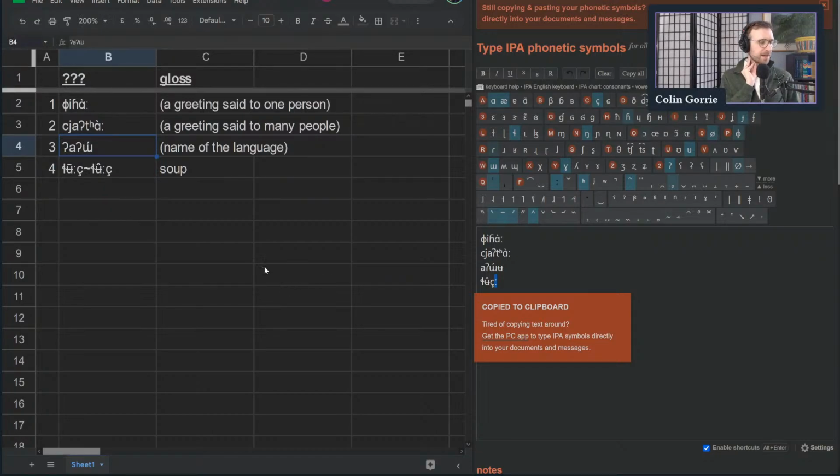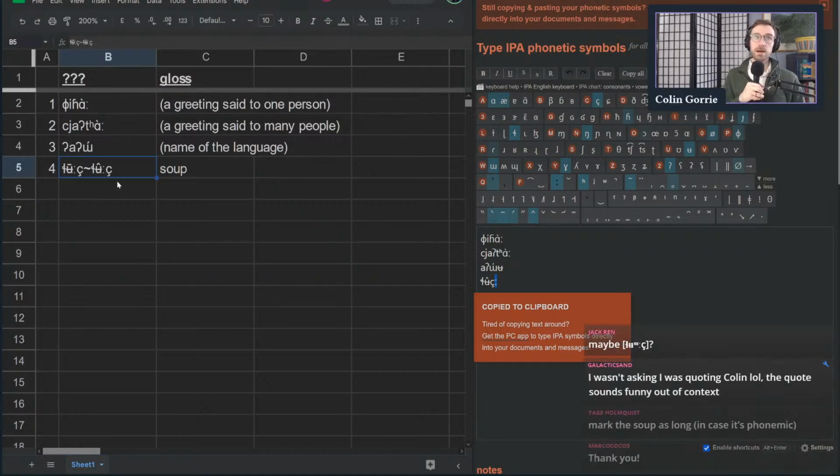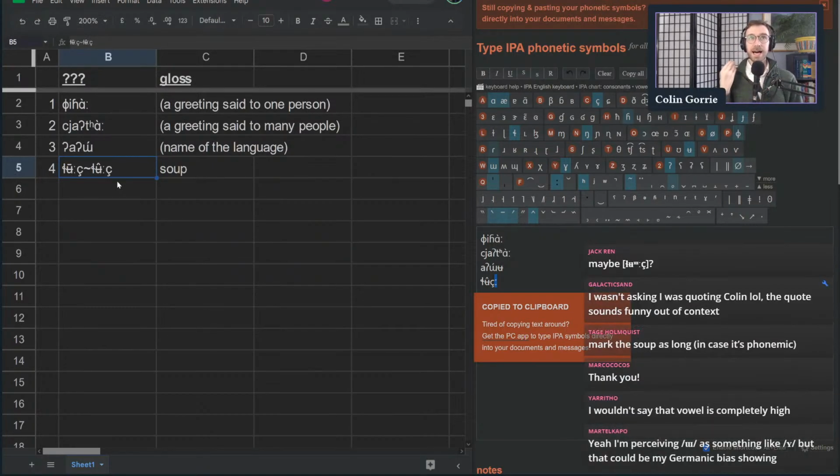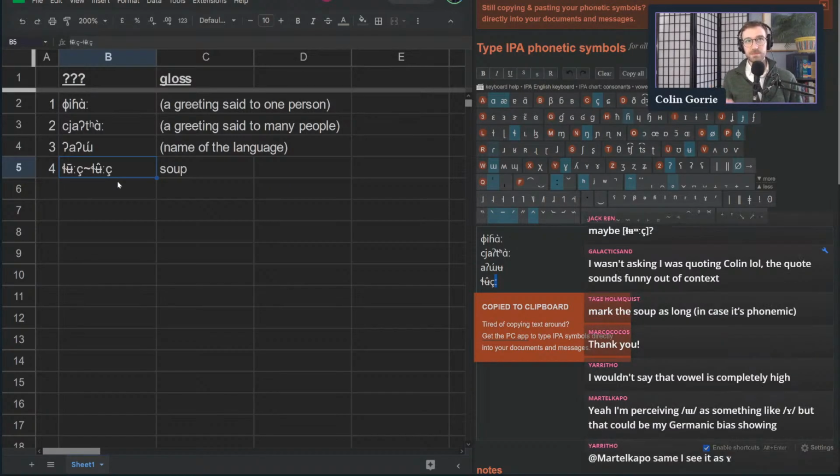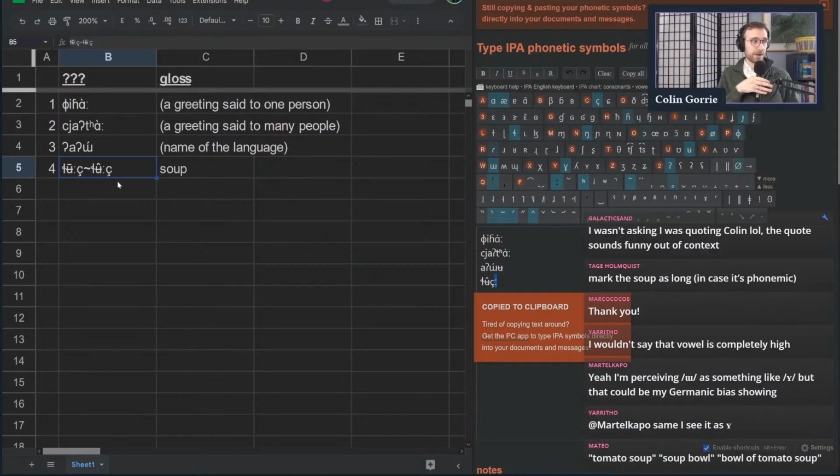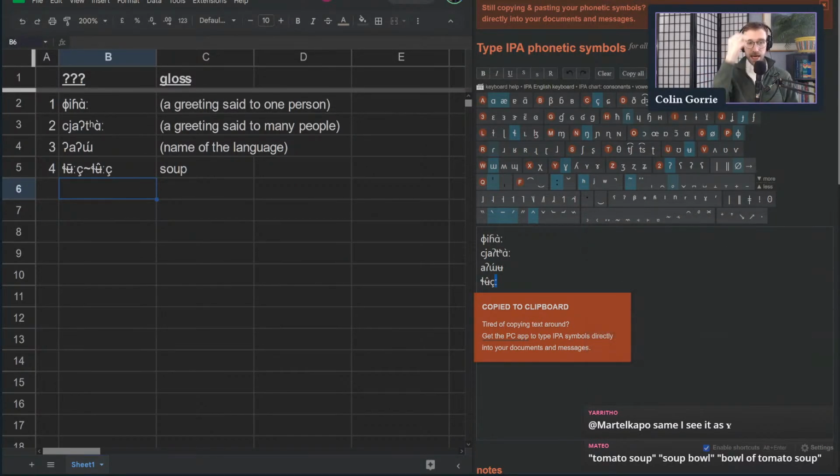Okay, I think that one might be a different vowel than the vowel in soup. Now, why might we hear an unrounded back vowel, a rounded mid high vowel, and an unrounded mid back vowel as the same or as similar?